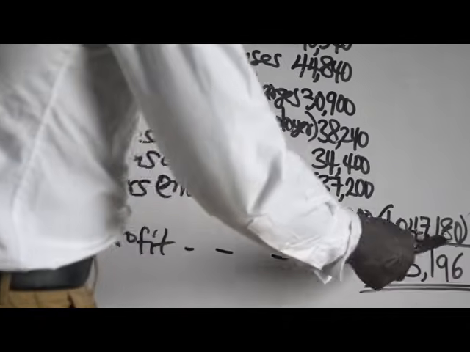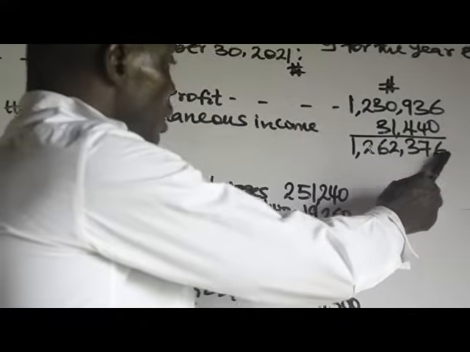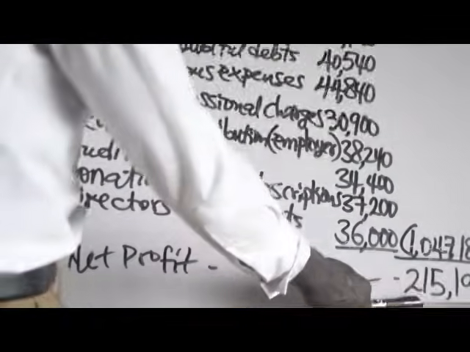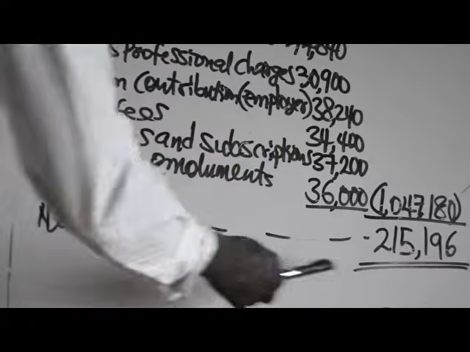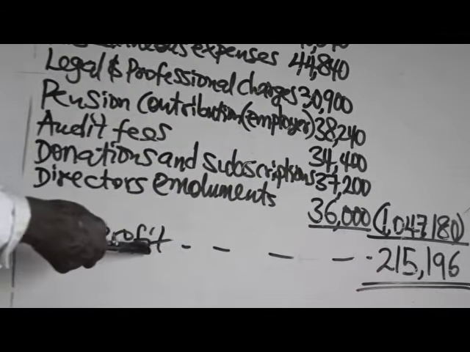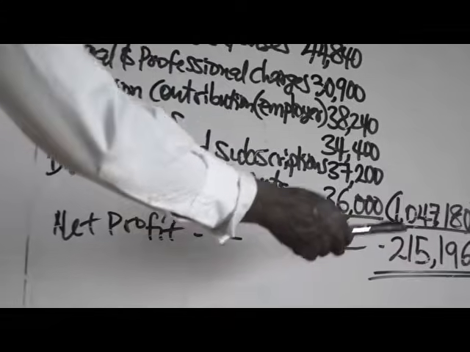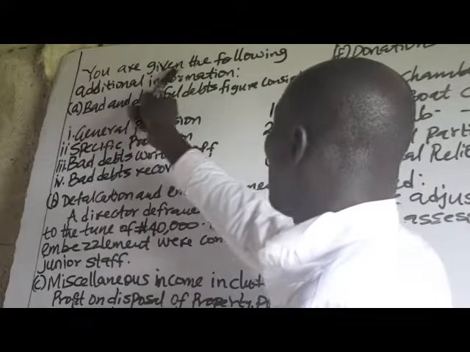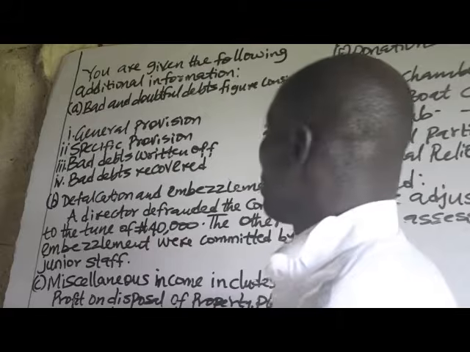The total of all the expenses is 1,047,180. After all the expenses have been deducted from the income of 1,262,376, we have the net profit to be 215,196. You are given the following additional information.